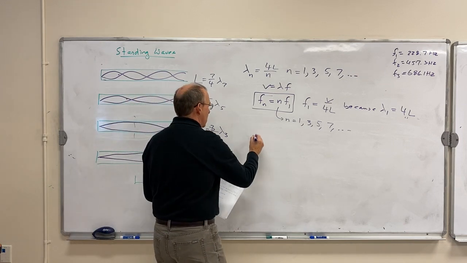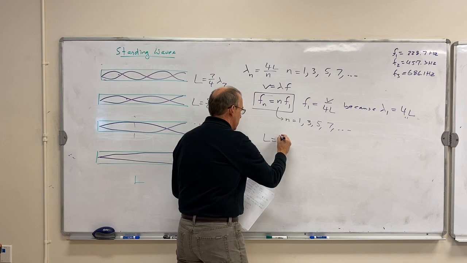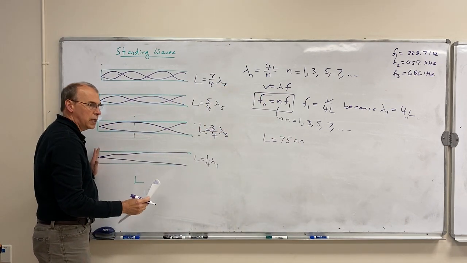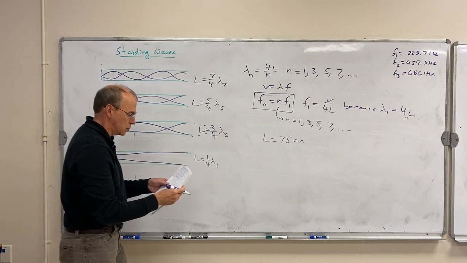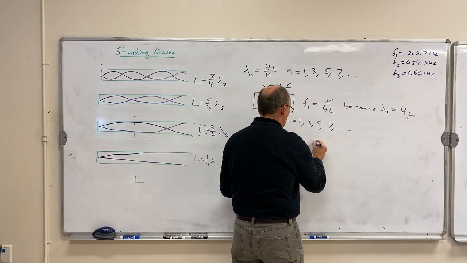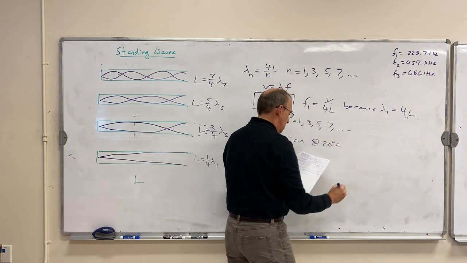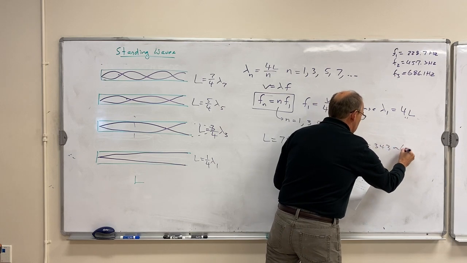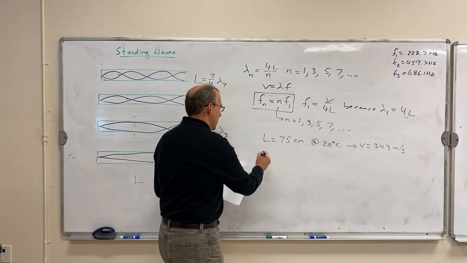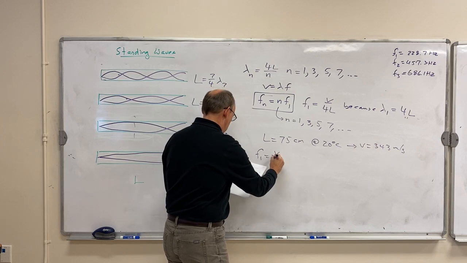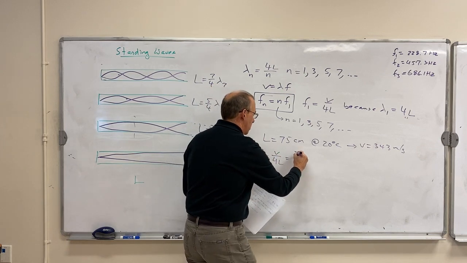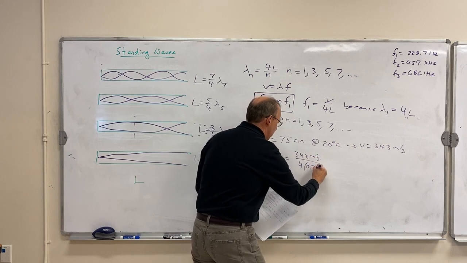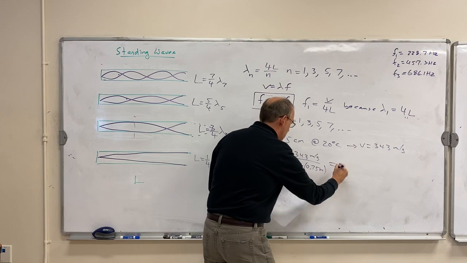So let's think about our 75 centimeter pipe. Let's take that same pipe, but close one end of it and see what frequencies we get. So 75 centimeters long at 20 degrees C, the same temperature. That implies V will be 343 meters per second. Now F1 will be V over 4L, 343 meters per second over 4 times 0.75 meters.